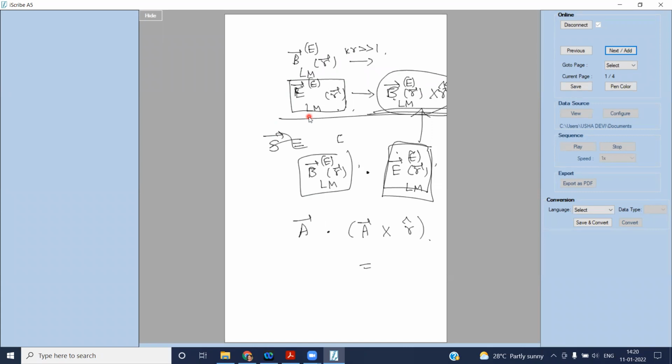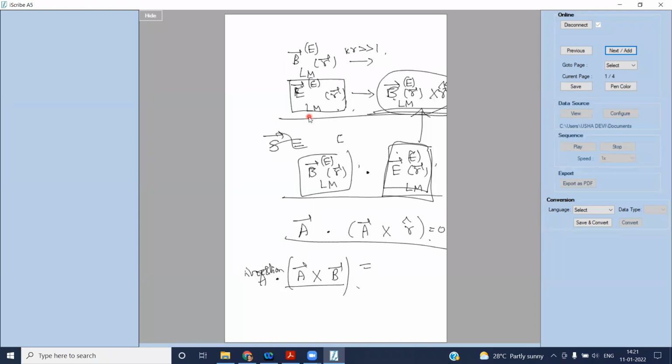Do you know vector algebra? What is the direction of A cross B? Is it 0? Is it in the direction of A? Is it in the direction of B? Or is it perpendicular to A and B? Perpendicular. So then what is A dot A cross B? 0. So I am asking you the same question here. What is A dot A cross R? It's 0. So you should know notation change doesn't mean anything.